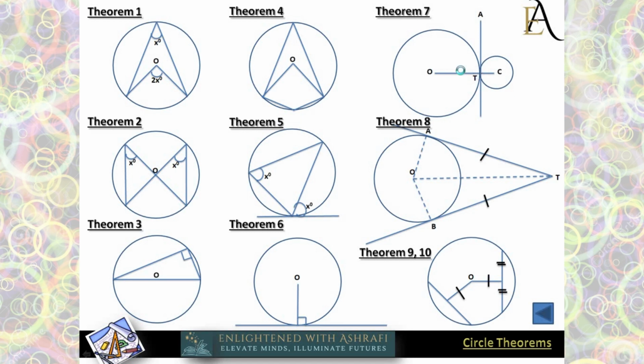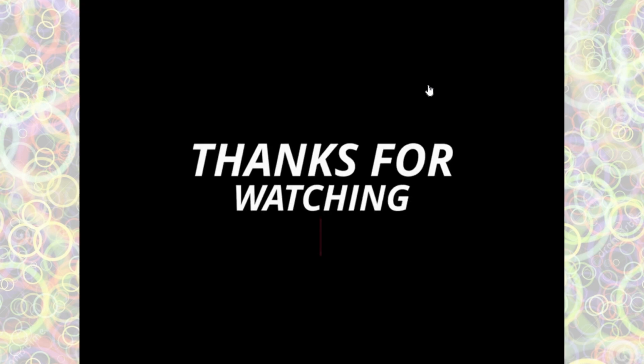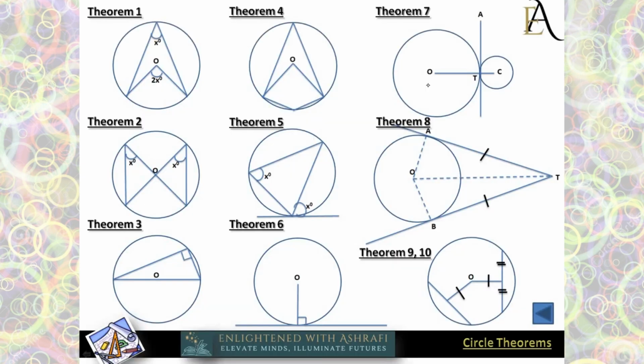The point where the two circles meet, that point is collinear to the center of the circles. Then there are two tangents which are part of a common, same circle.